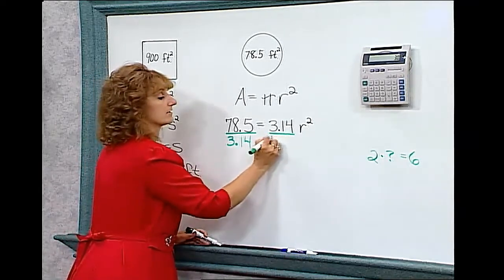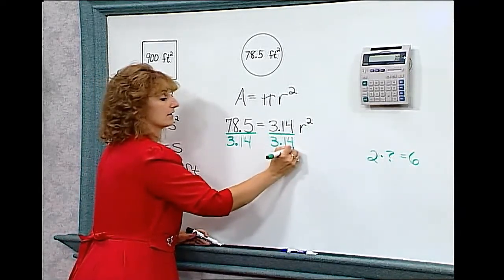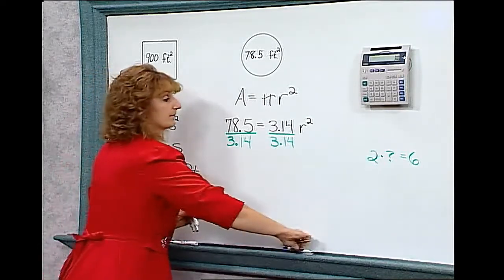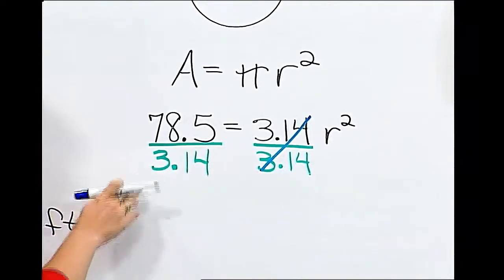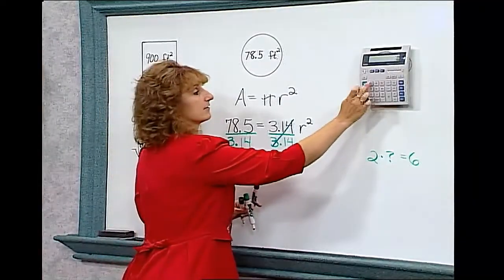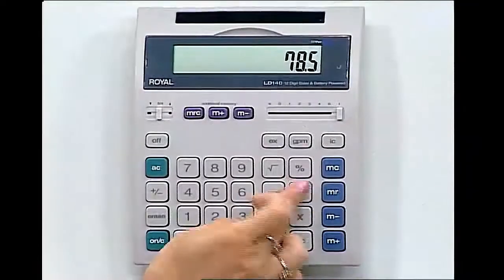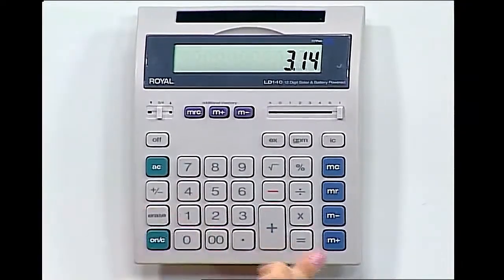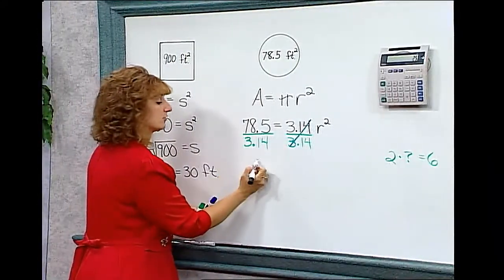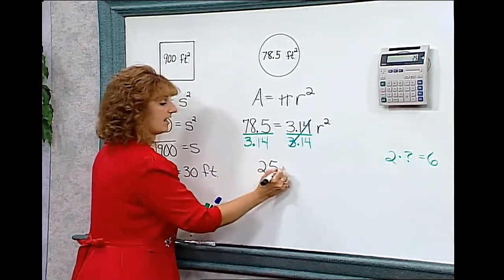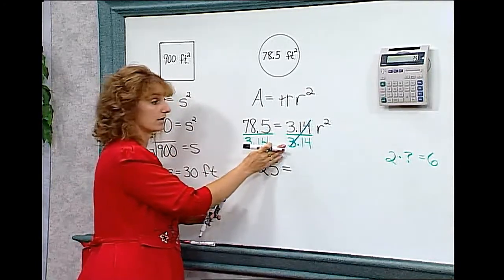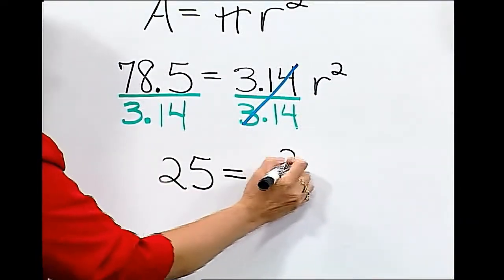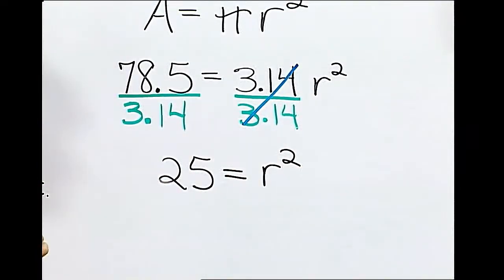And whatever I do to one side, I'm going to do to the other side. When I do that, these cancel out. And now I'm going to use my calculator. 78.5 divided by 3.14 gives me 25. So this is 25, and that equals, since 3.14 over 3.14 is 1, I'm just left with 1 times r squared, which is r squared.